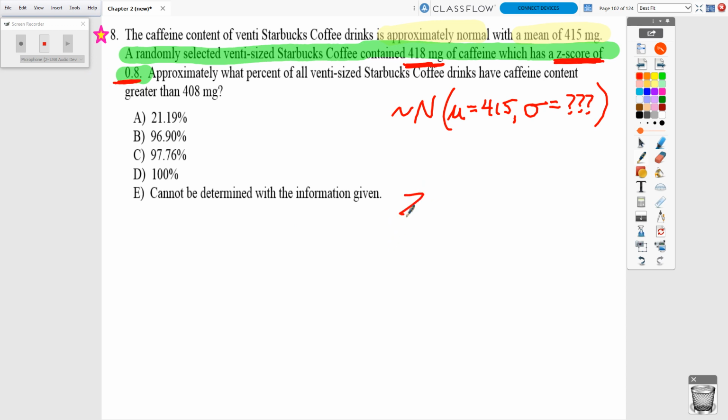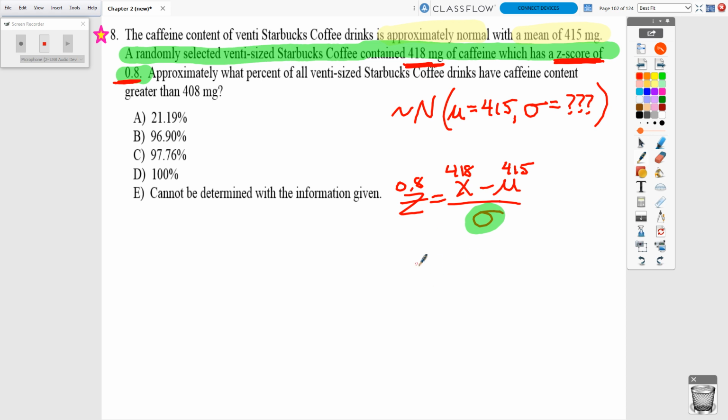So, hey, they're talking about z-scores. So that's x minus mu over sigma. We know what mu is, the mean, it's 415. And we know what x is because that is the specific number of milligrams in that cup of coffee. Now, again, we don't know the standard deviation, but hey, we do know the z-score. They gave us that.